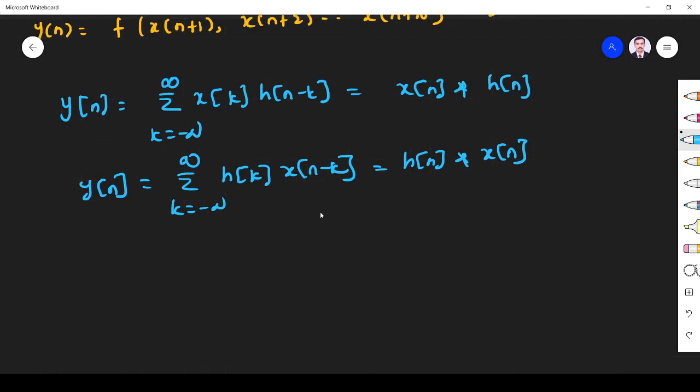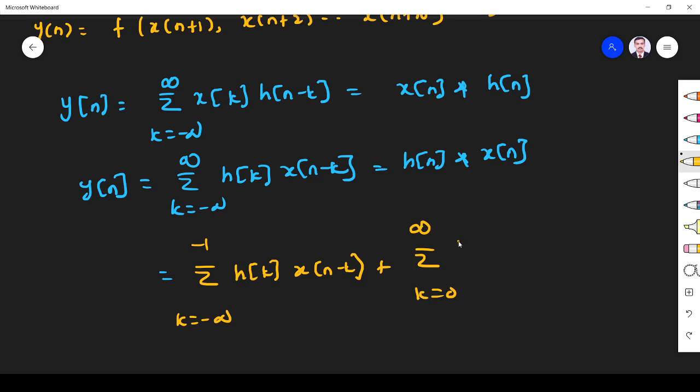This summation equation I divide into two parts: k goes from minus infinity to minus 1 of h of k x of n minus k, plus k goes from 0 to infinity of h of k x of n minus k.